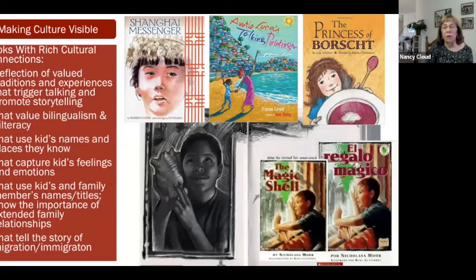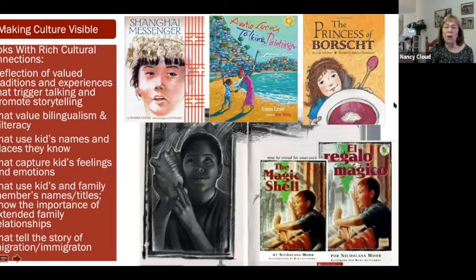And so these are examples of books. Most on the screen are in English to show you that even when I'm doing English language arts, I can be promoting culturally responsive sustaining text that is helping my English speakers learn about how kids function and families function in these other cultures.